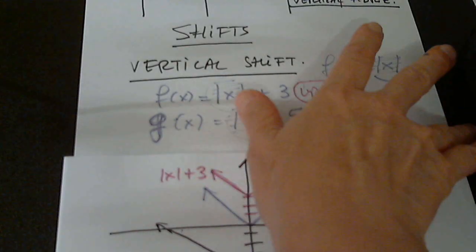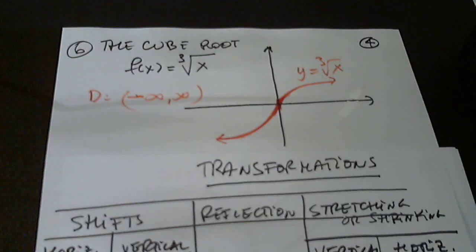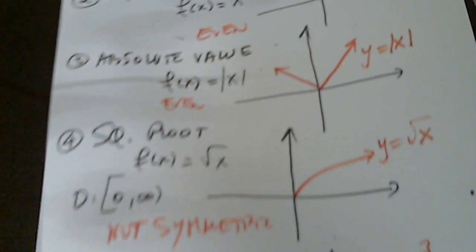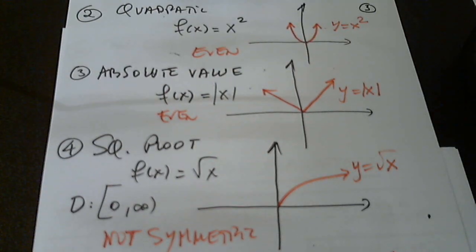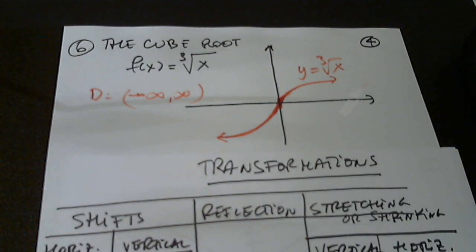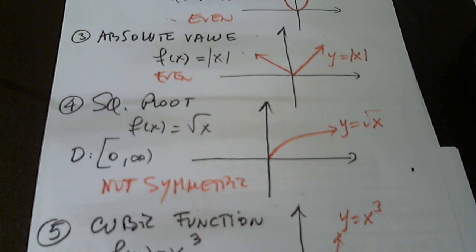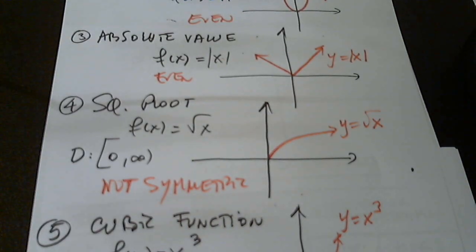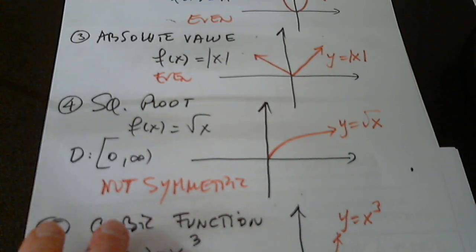So let's choose another function to illustrate vertical shifts. Can anyone choose another function? Linear, quadratic, we already did this. Square root, cubic function, cube root. Which of these functions would you like to illustrate vertical shifts with? Square root. Square root, perfect.